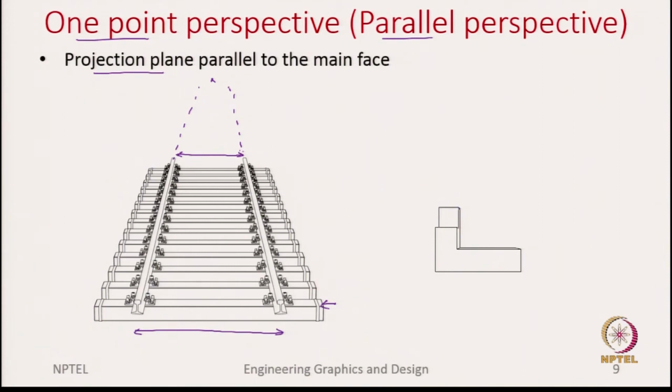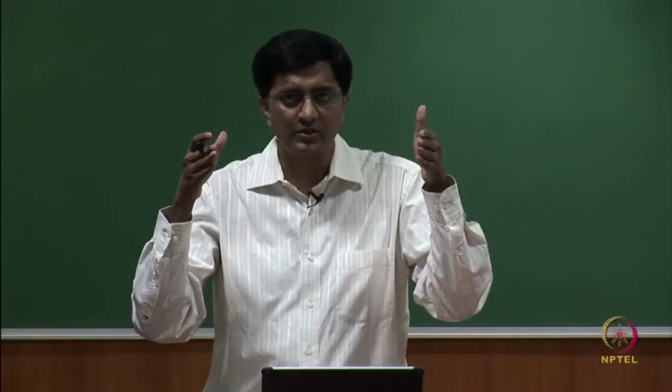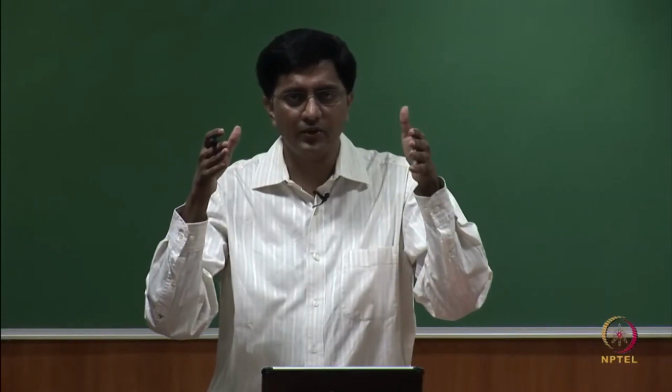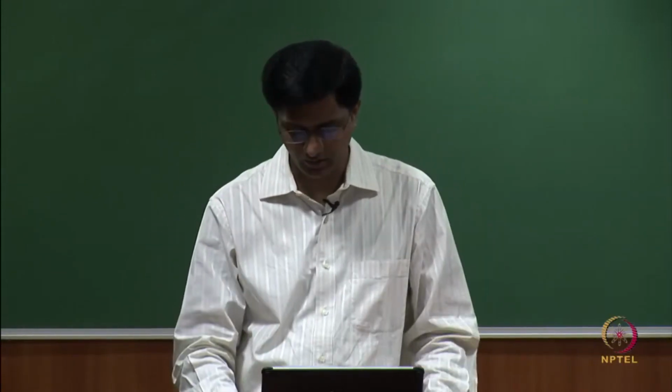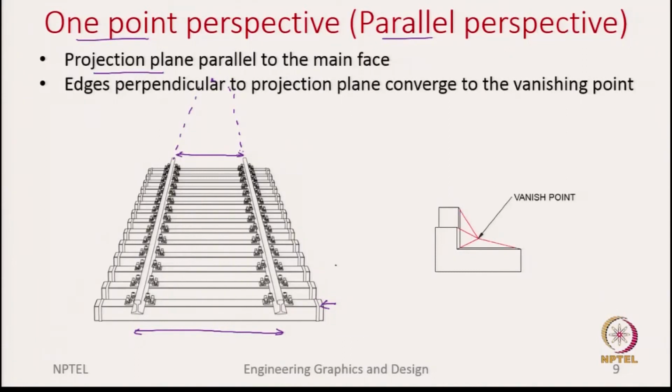What is happening is that those parallel lines which are perpendicular to the front view are all converging to a point. So, all these depth dimensions are converging into this vanishing point. The point where they are all meeting is called the vanishing point. In a one point perspective, you only have one vanishing point.